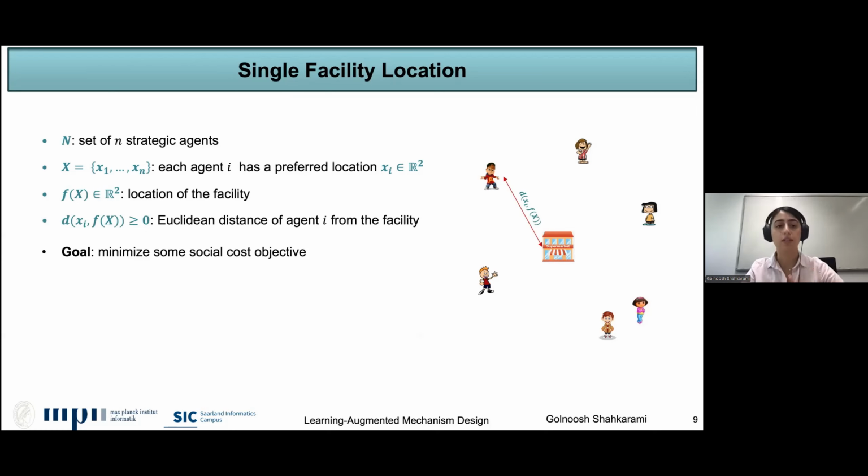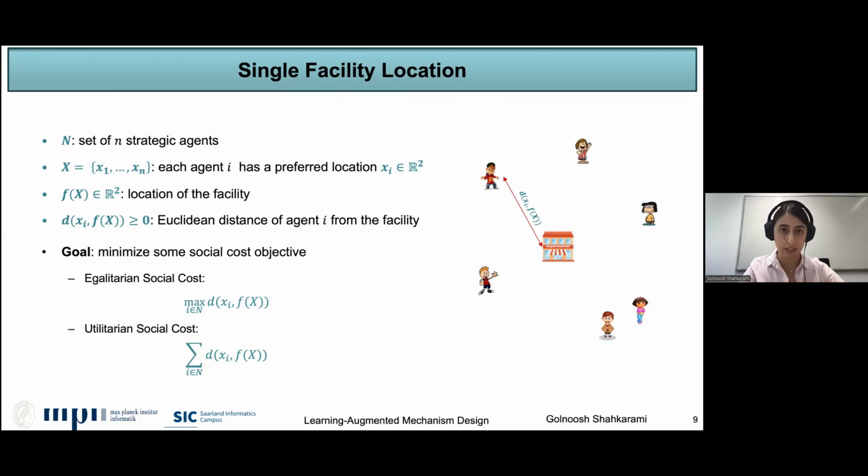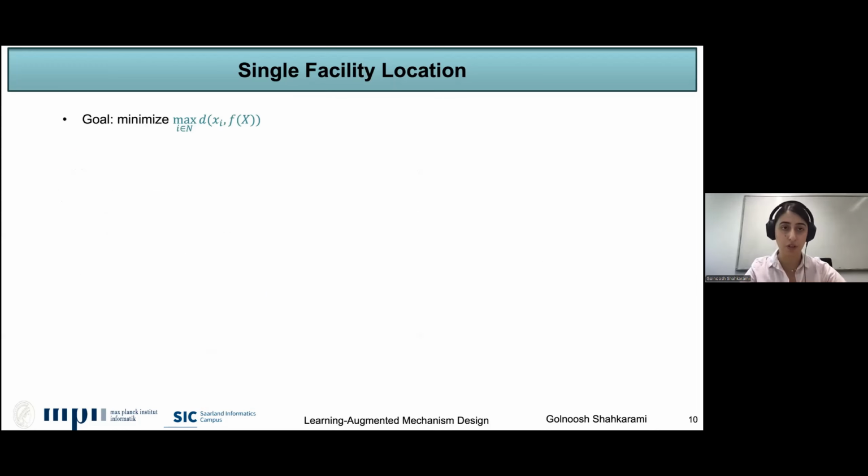Well, the two famous social cost objectives are egalitarian social cost, in which we want to minimize the maximum distance of the agents, and utilitarian social cost, in which we want to minimize the sum of all distances. In this talk, I would like to focus on egalitarian social cost, which means that our goal is to minimize the maximum distance of the agents from the facility.